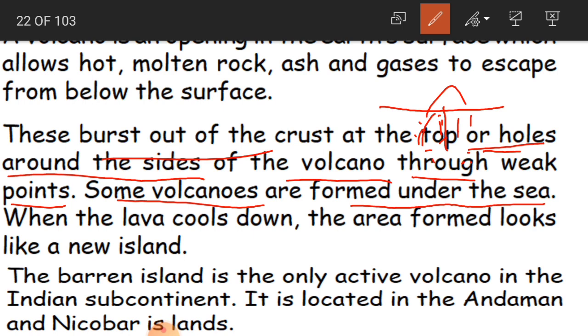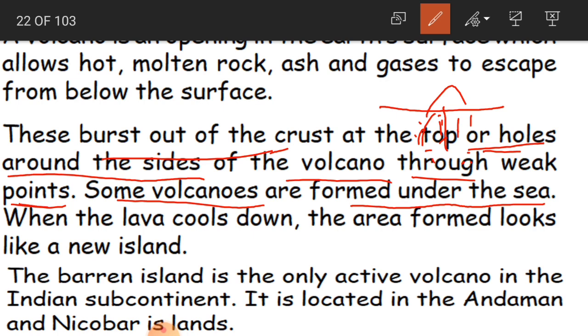So as our balloon burst, here also the heated liquid which was inside the earth, when it becomes more heated and is not able to tolerate, then it is going to burst out of the crust at the top or holes around the sides of the volcano through weak points.